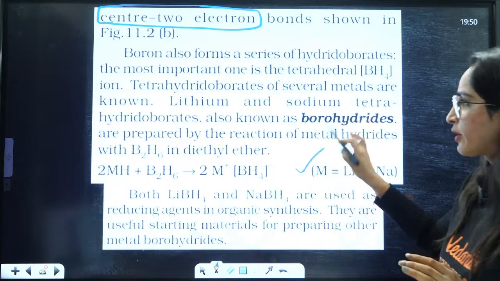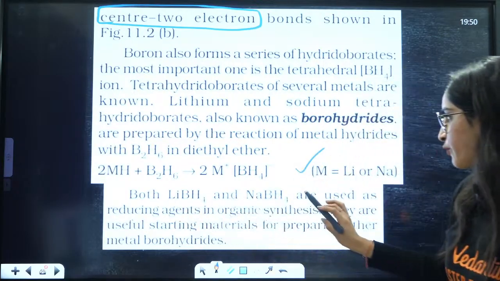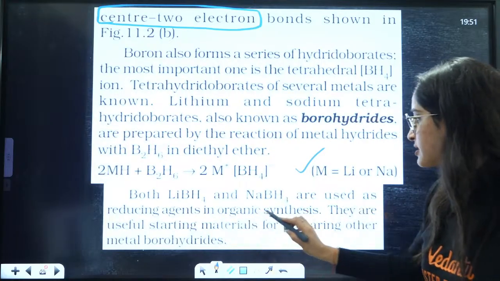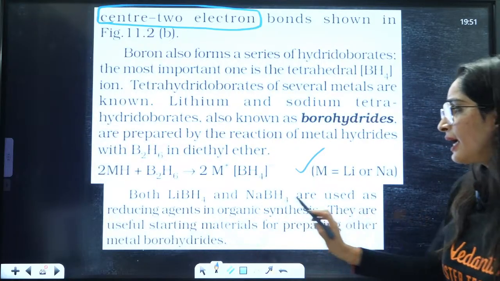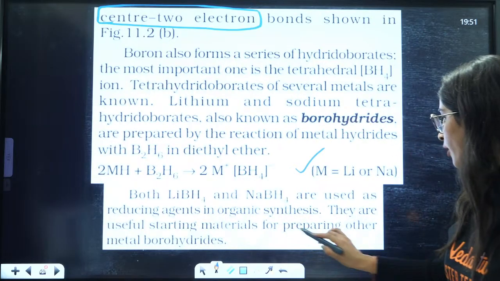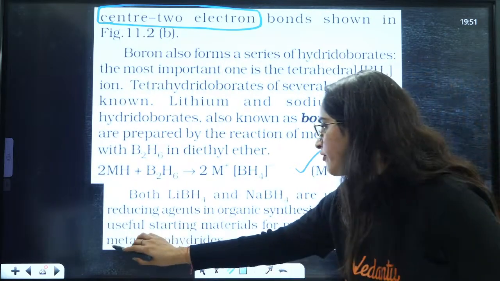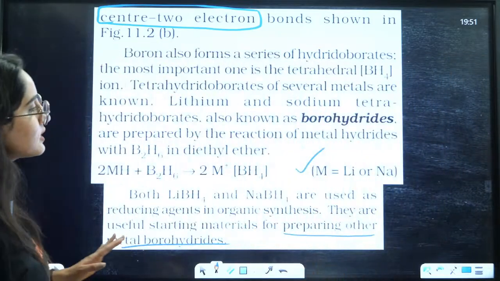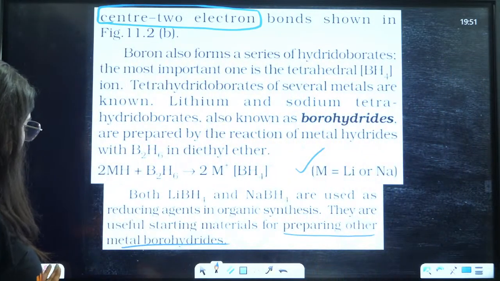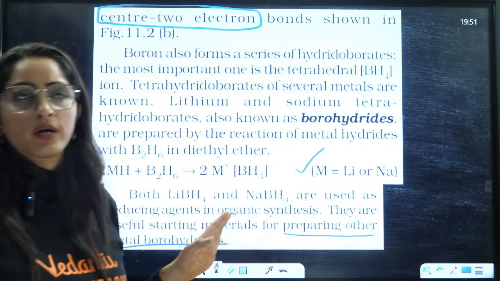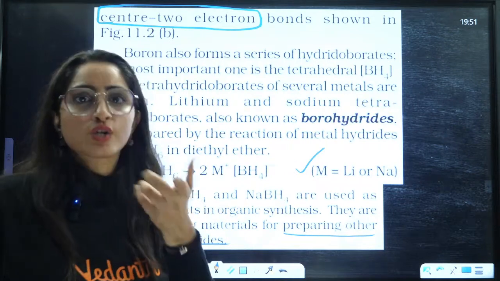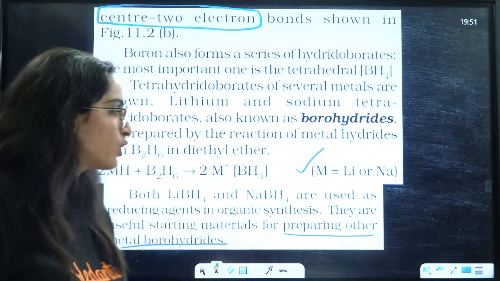Both LiBH4 and NaBH4 are used as reducing agents in organic synthesis. They are useful starting materials for preparing metal borohydrides. Understood? LiAlH4, NaBH4, this is what they are talking about.